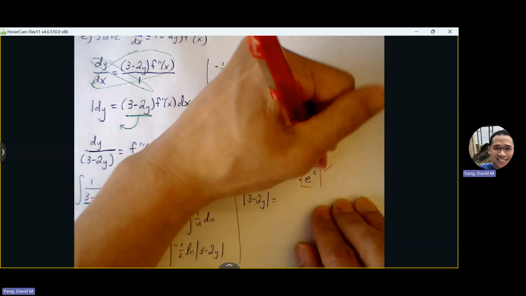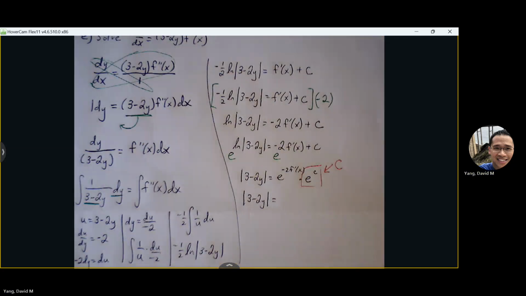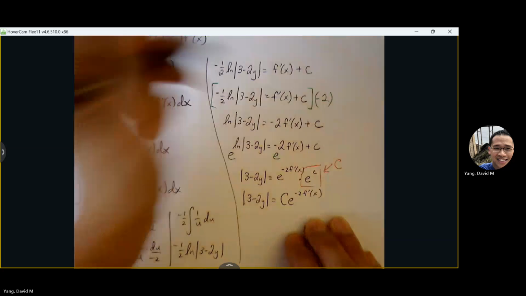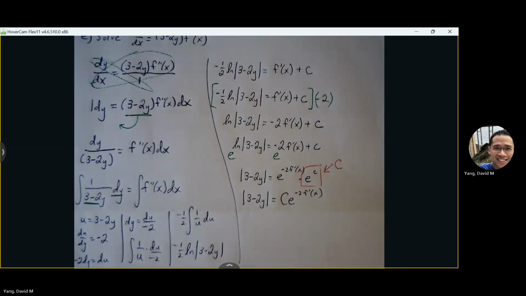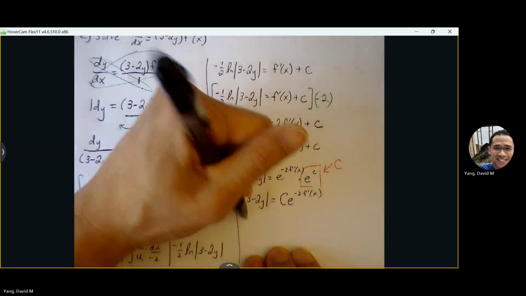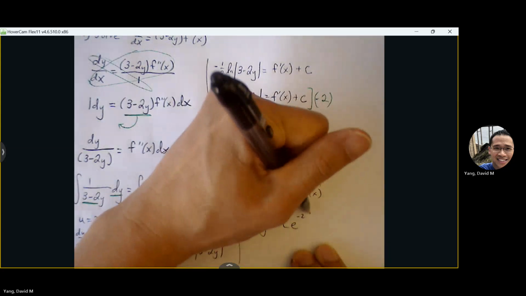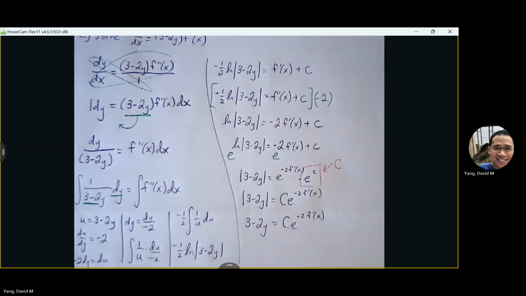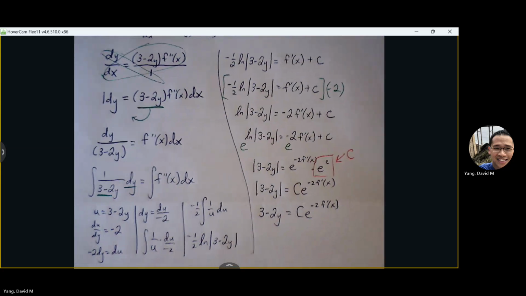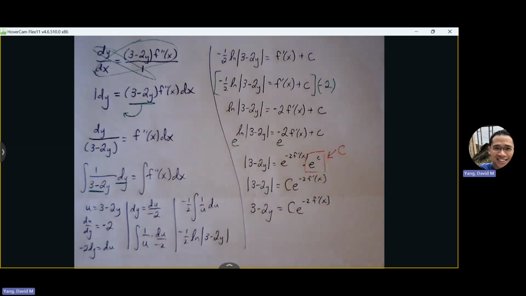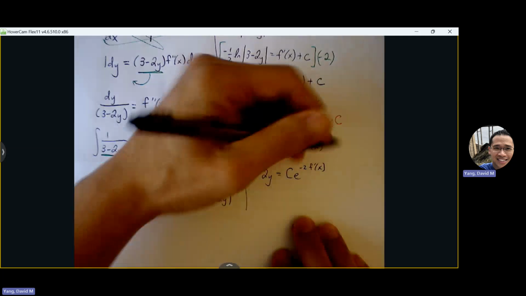No, this is just one giant C. Yeah, I'm going to solve for Y first all the way, and then I can worry about C a little bit later.